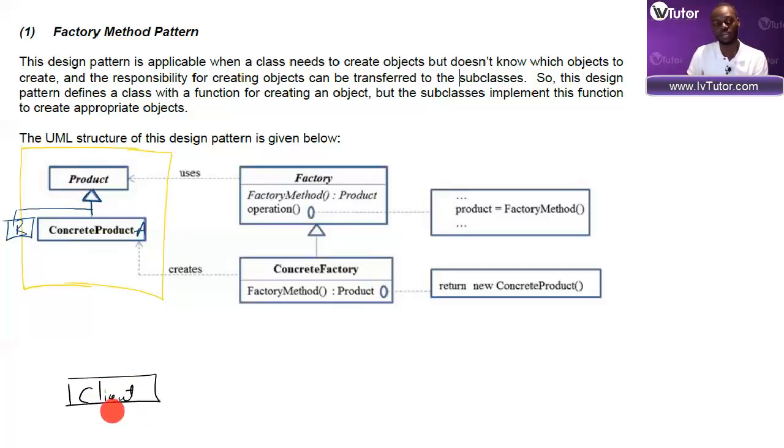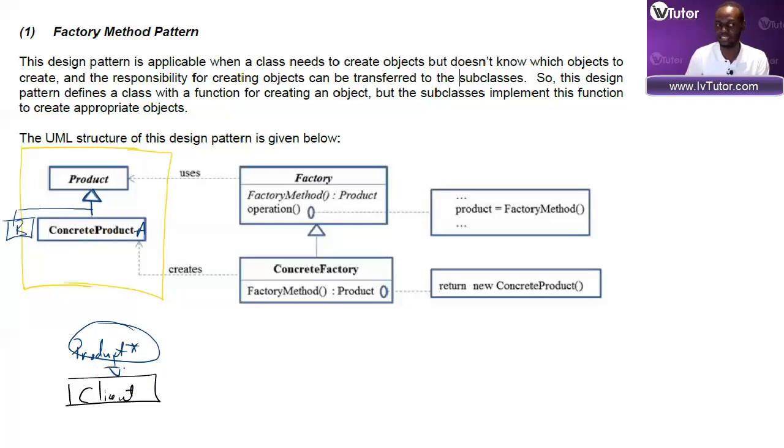But now that means your client is coupled with these classes because your client knows about all these types of classes of products, right? Now, when it comes to the factory method design pattern, you are decoupling your client from knowing about these. And all you are doing is you are saying, I'm going to give my client an instance of a product through this pointer, and the client doesn't need to know which one of these it is, right?